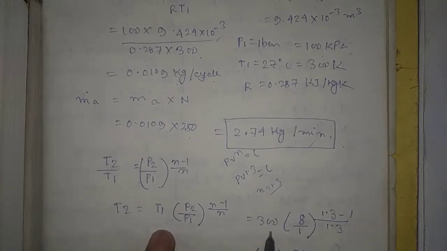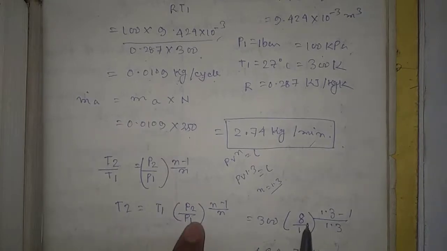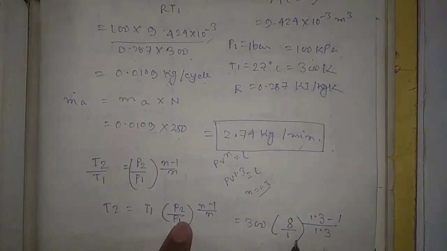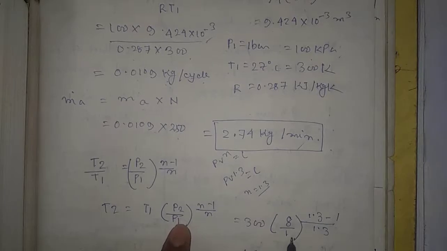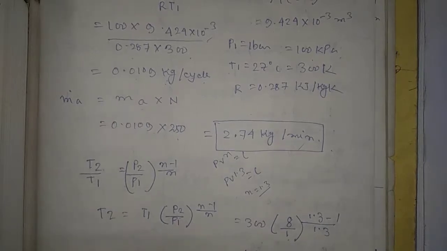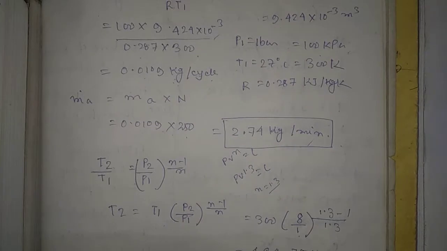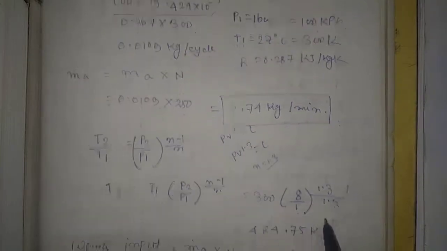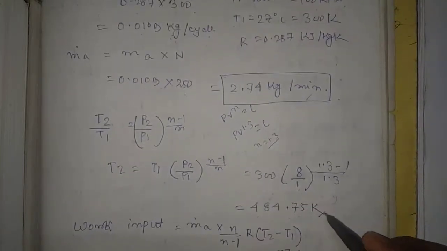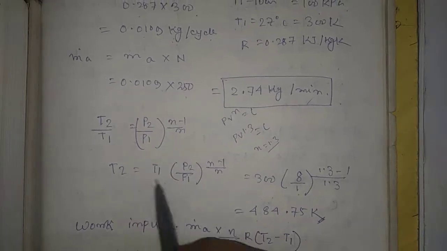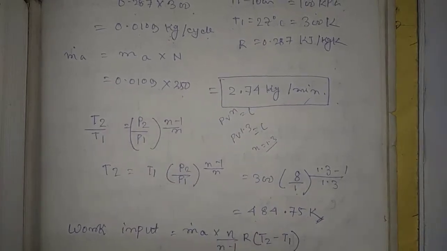T1 is 300 Kelvin, P2 is 8, and P1, the initial pressure, is 1 bar. Now T2 will be 484.75 Kelvin. So this is the final temperature of the compressor.